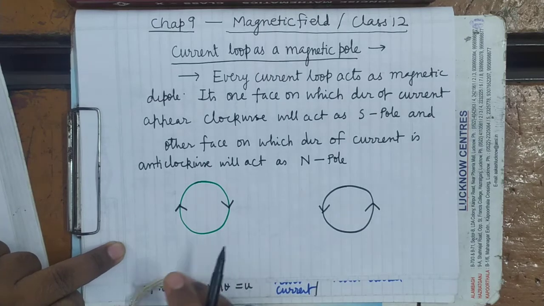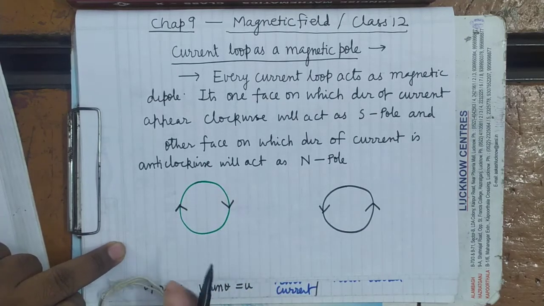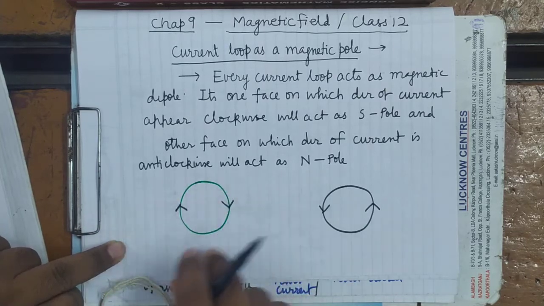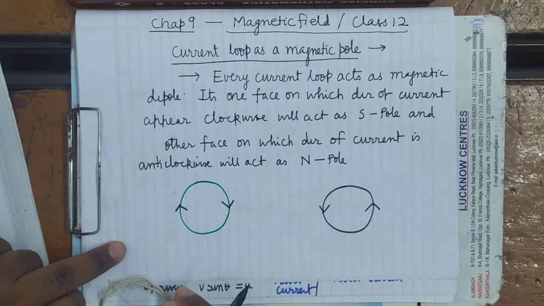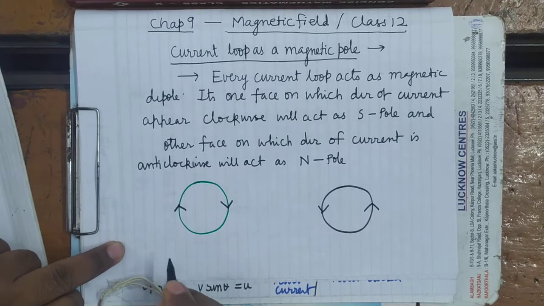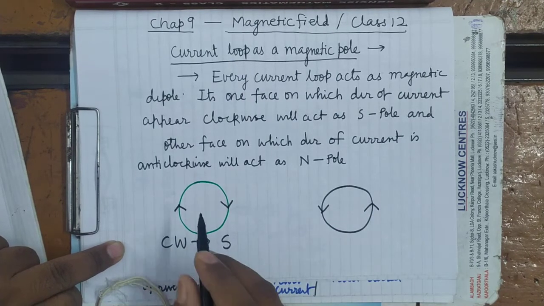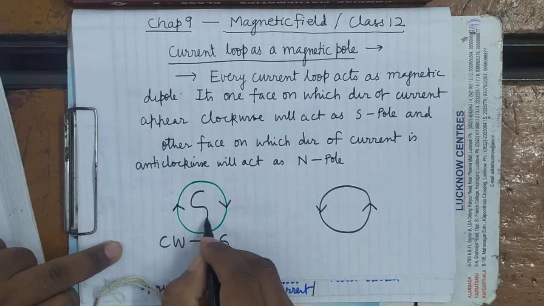So it's one face on which the direction of current appears clockwise, that direction in which the needles of a clock move, that is the clockwise direction. So clockwise there will be what pole? South pole. You can see here, this will be the south pole.